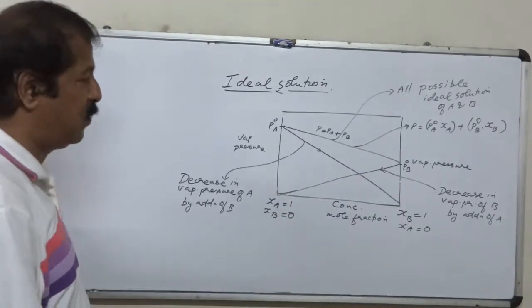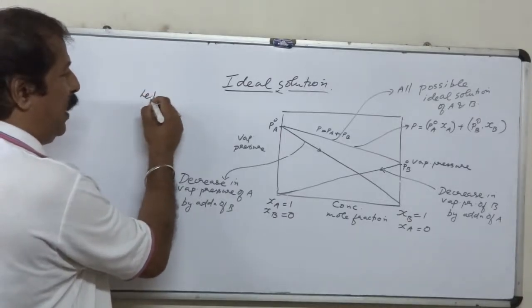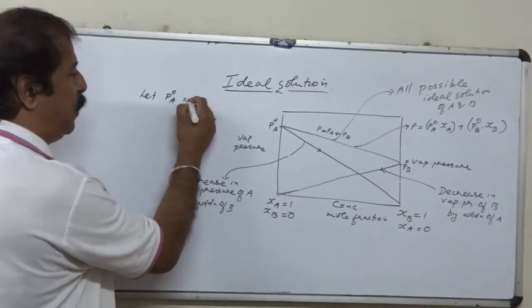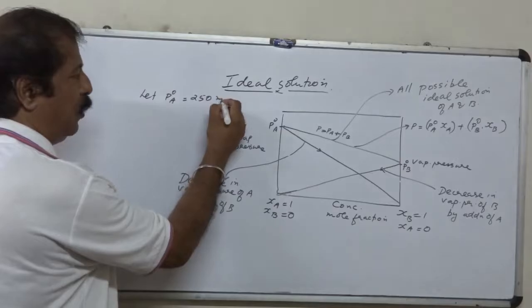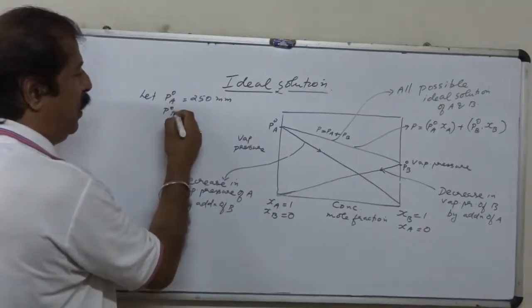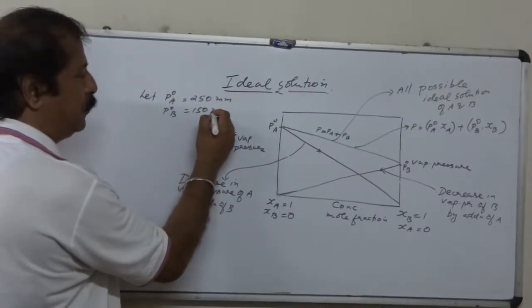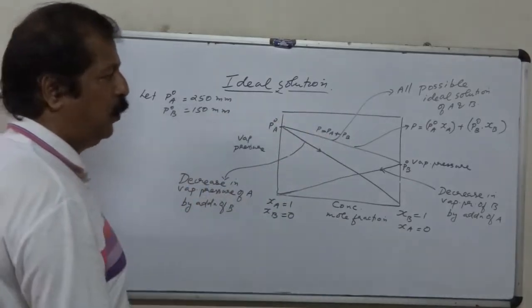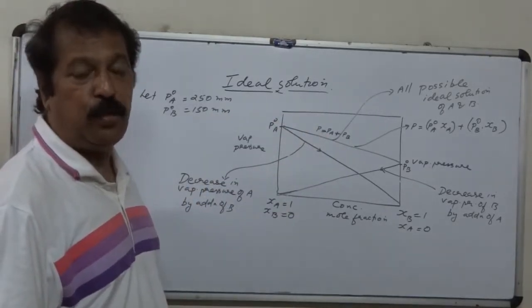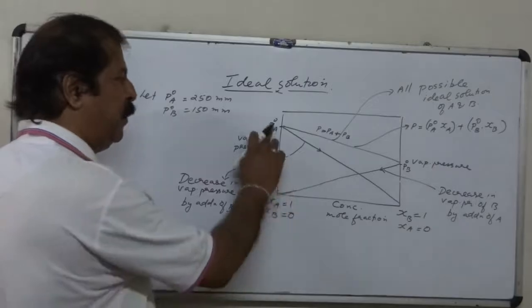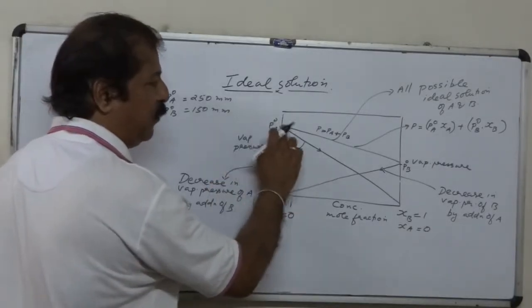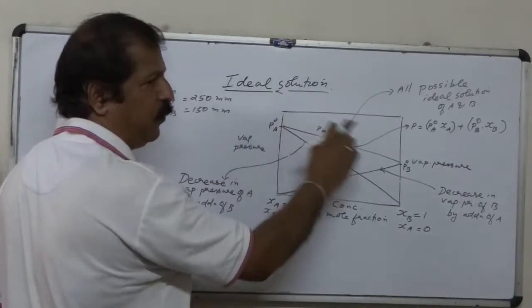I will give you one more statement. Let P0A be equal to 250 mm of mercury, and P0B be equal to 150 mm. All possible solutions of A and B should have a vapor pressure in between 250 and 150.